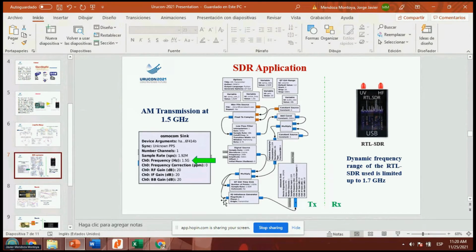Because the receiver device, the RTL SDR, is limited in frequency. In this case, it's just up to 1.7 gigahertz. That was the reason that we use the carrier frequency for this amplitude modulation at 1.5 gigahertz.